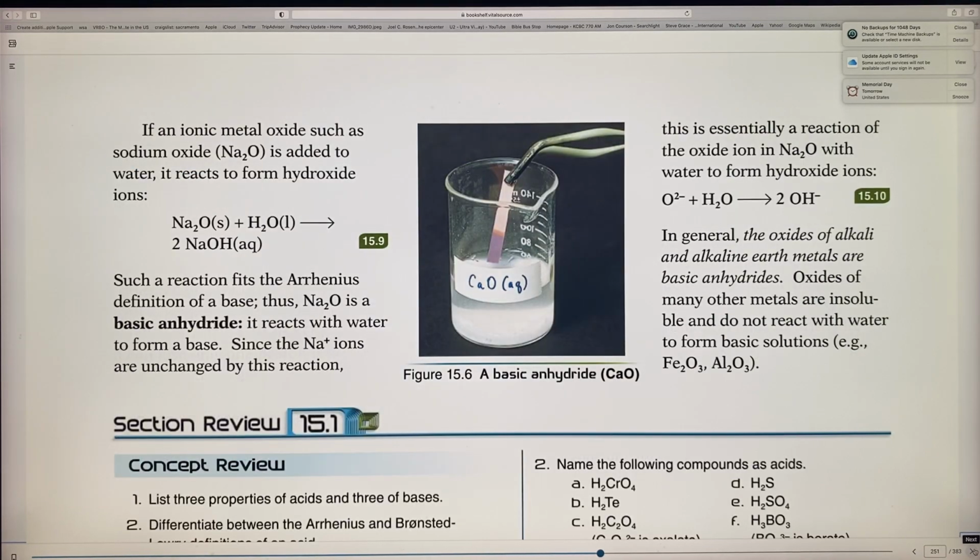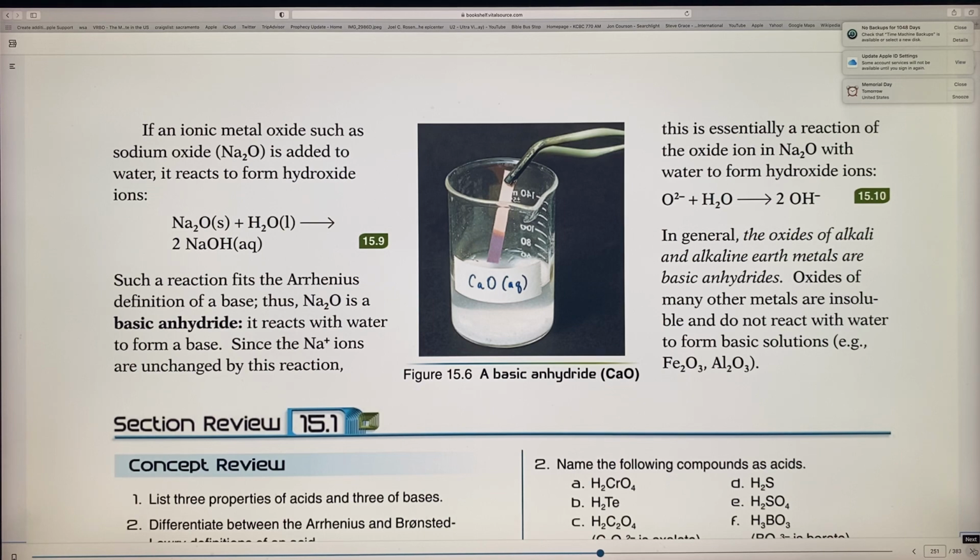And here they're reacting and getting OH in the midst of the atom. So the OH means it's going to be a base, right? So it depends on whether it's hydrogen or hydroxide, which is OH.